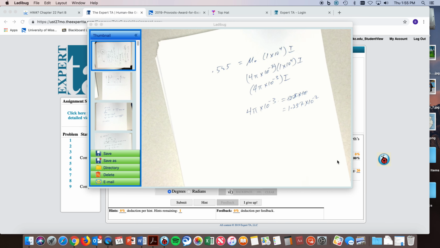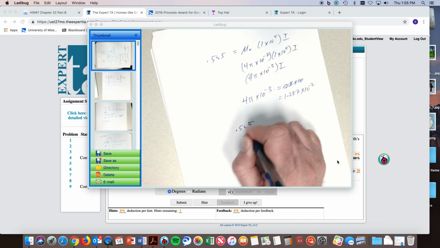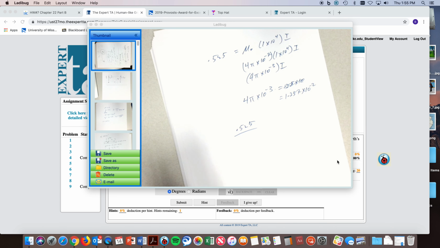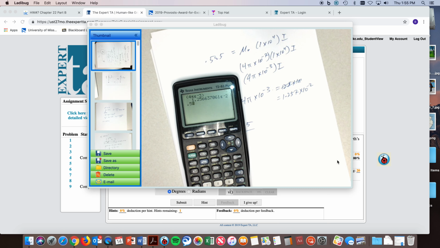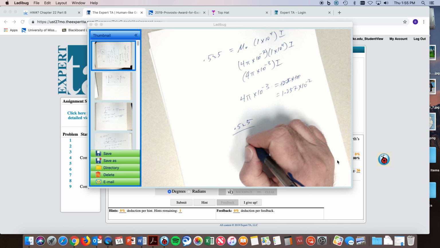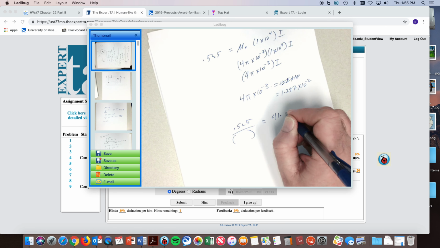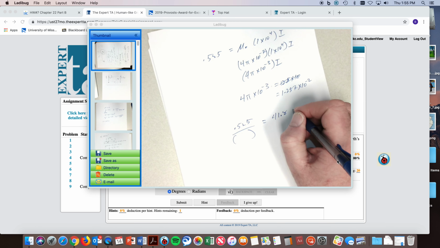So 1.257 times 10 to the negative 7 is a good approximation if you want to put that in your calculator instead of doing the 4 pi every time. If I take 0.525 divided by that, I get 41.7. Let's go with 41.8 amps.